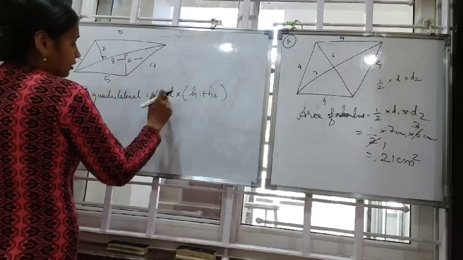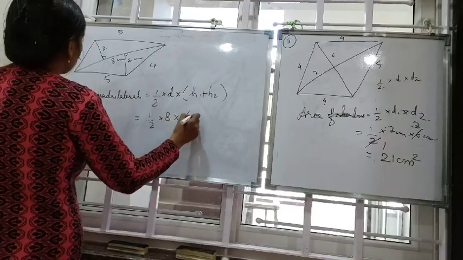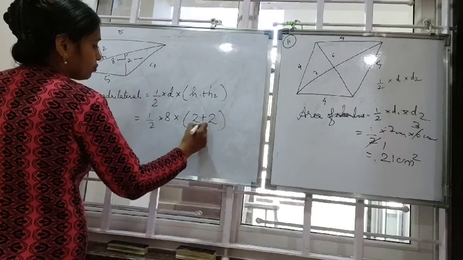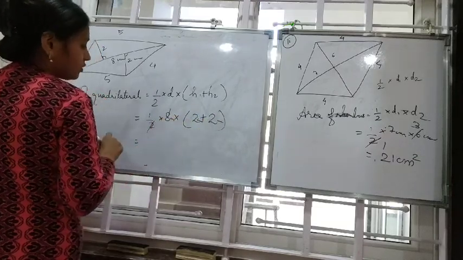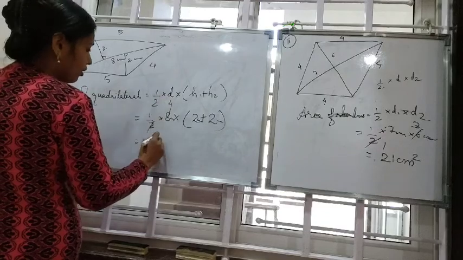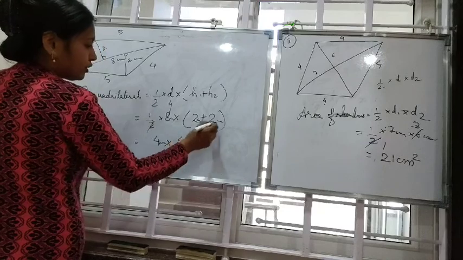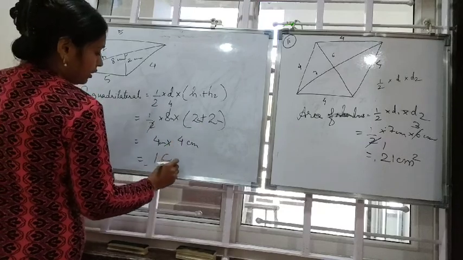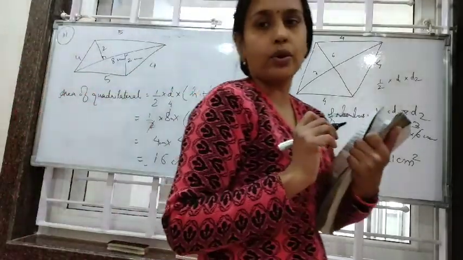I have to remember that, otherwise I make mistakes. 8 into 2 plus 2 centimeter. This and this will get cancelled. This becomes 4. 4 into 4 centimeter. 2 plus 2 gives us 4. 4 fours give us 16 centimeter square, children.